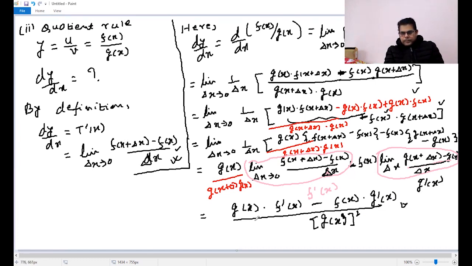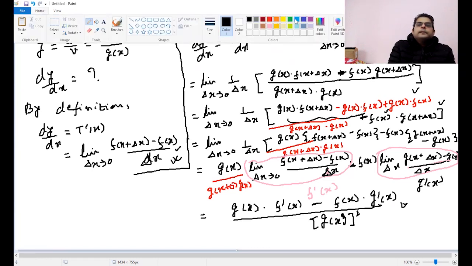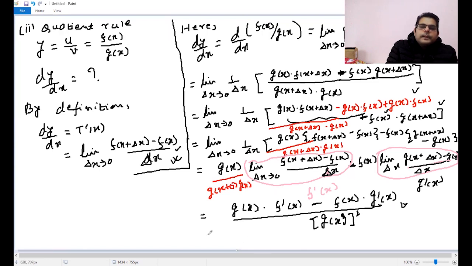But if you would like to express that in terms of u and v, you can do so also. You can see that we have u equals fx and v equals gx, so that g dash x equals dv by dx and f dash x equals du by dx.